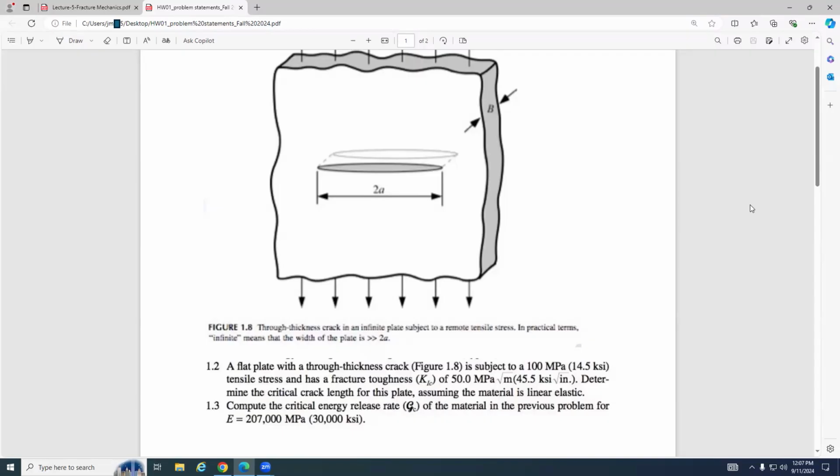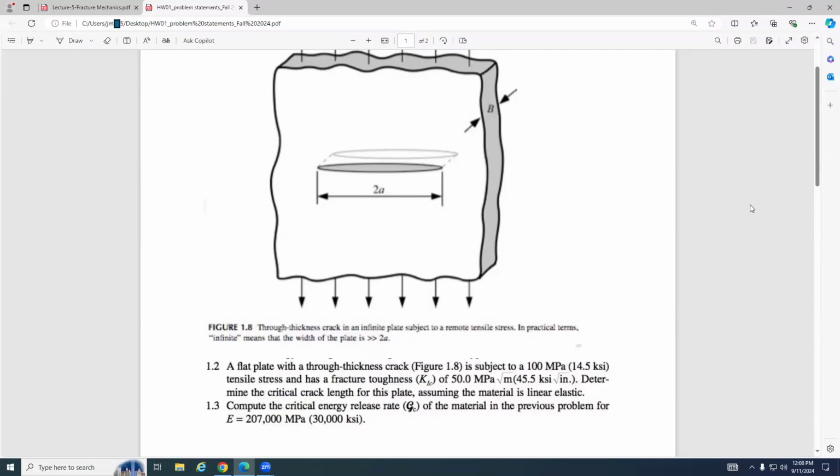But this one, we can just plug in sigma square root of pi a, and here we denote this a as af, the failure crack length. Understand that? So this equation is key.